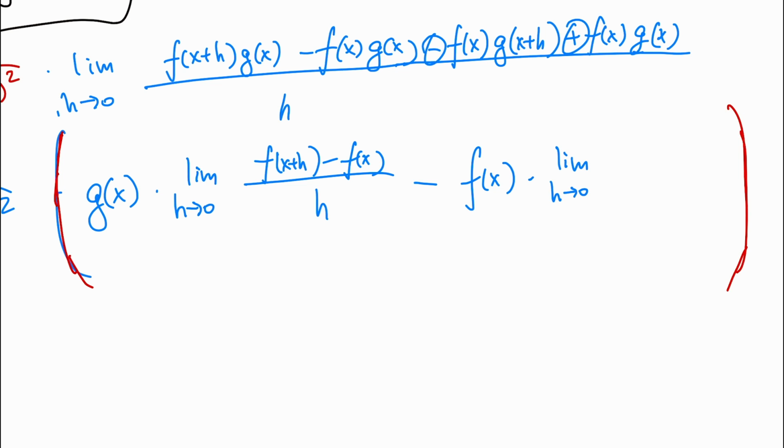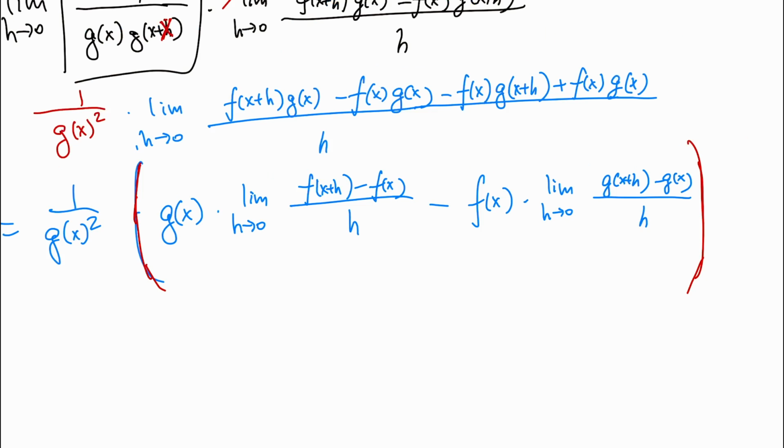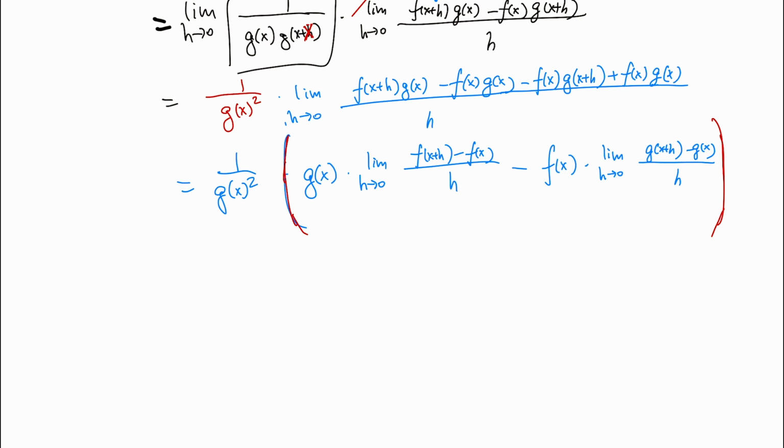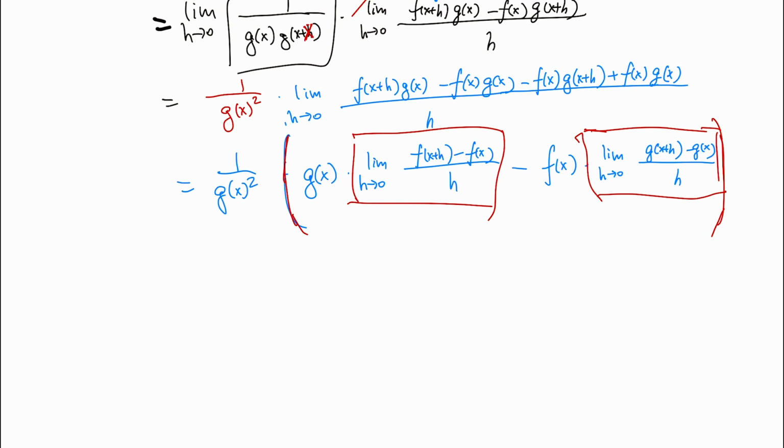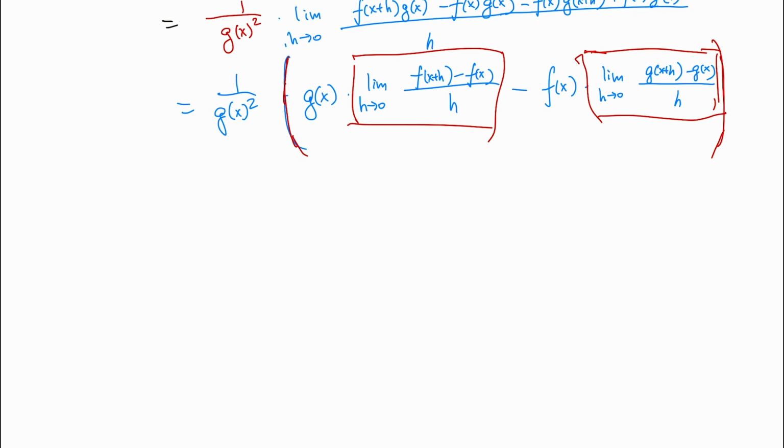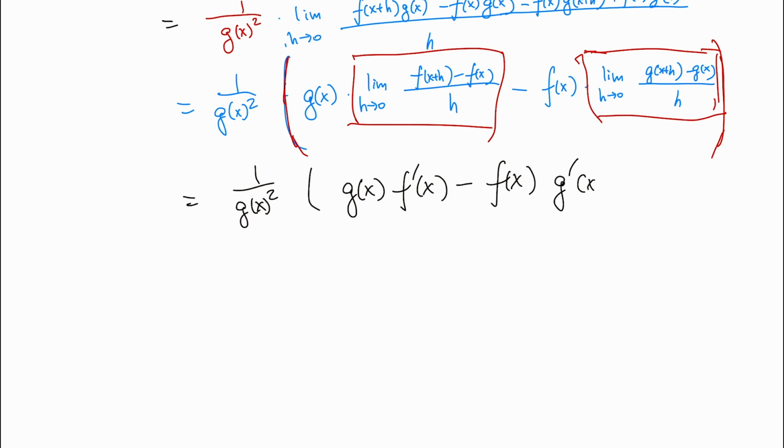Because we have the minus here, this will just turn into plus and minus, exactly what we want. So g of x plus h minus g of x over h. Obviously, you're familiar with this at this point. These are just simply the definition of derivative, and that would be turned into 1 over g of x squared times g of x f prime of x minus f of x g prime of x.